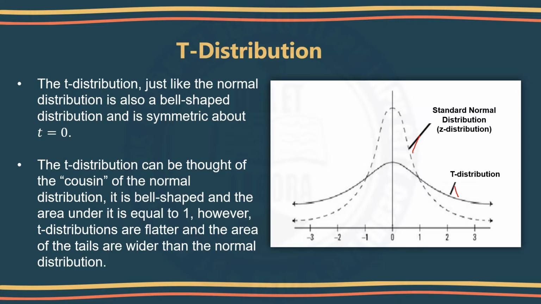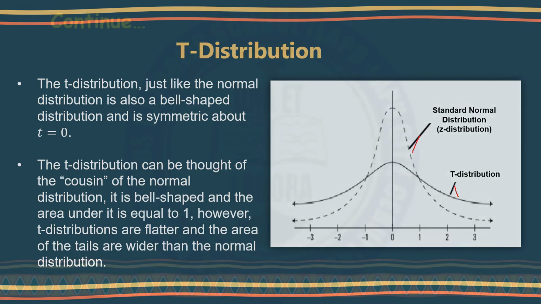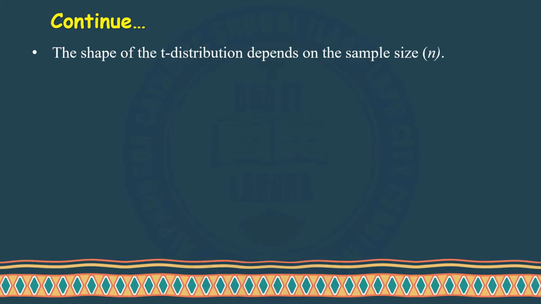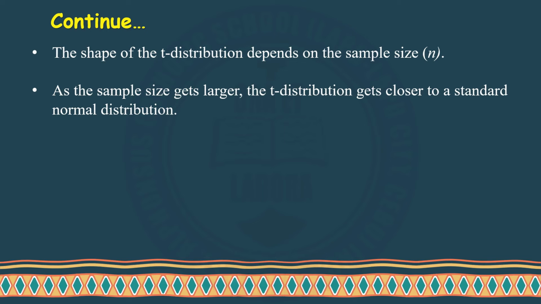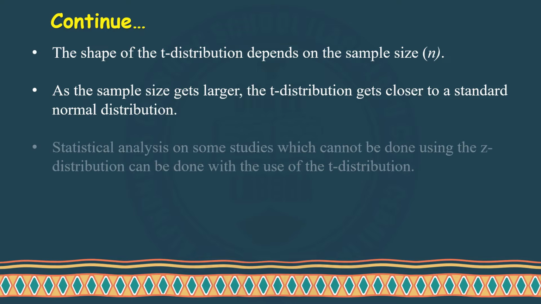However, t distributions are flatter and the area of the tails are wider than the normal distribution. The shape of the t-distribution depends on the sample size. As the sample size gets larger, the t-distribution gets closer to a standard normal distribution. Statistical analysis on some studies which cannot be done using the z-distribution can be done with the use of the t-distribution.